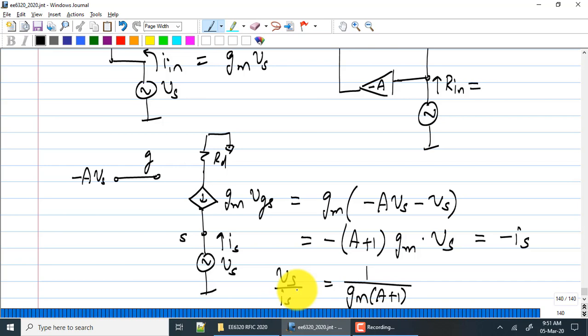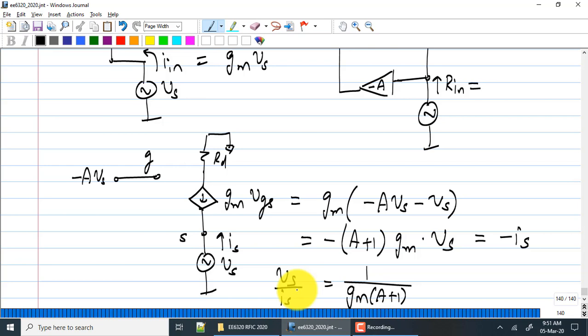You already have very low input impedance, 1 over Gm. If you apply negative feedback, it looks even better, because there is a factor A plus 1 by which the low input impedance gets reduced.